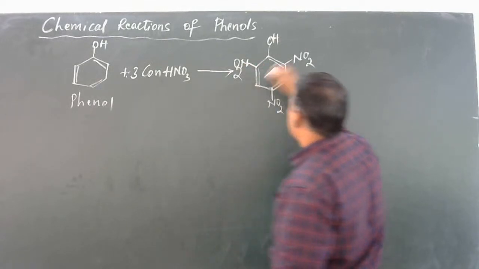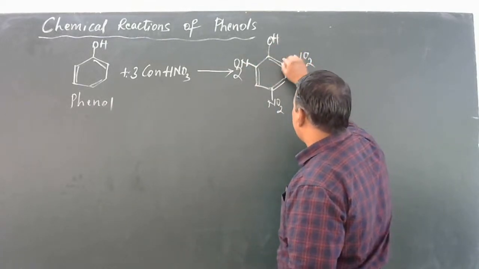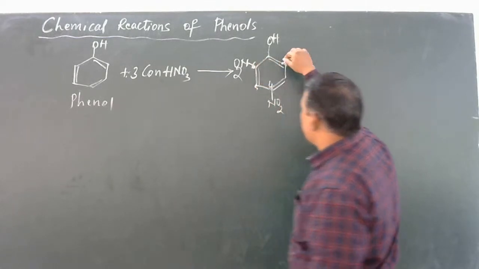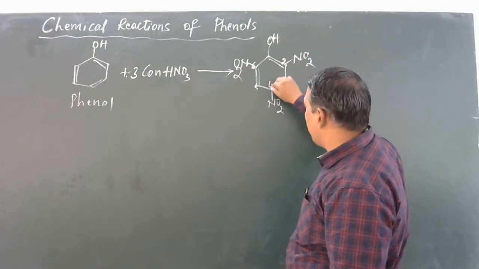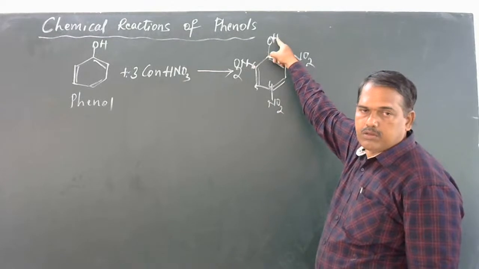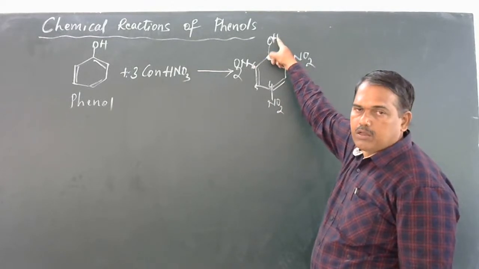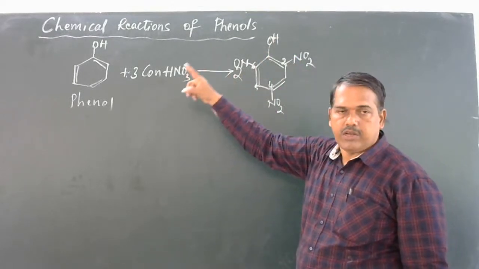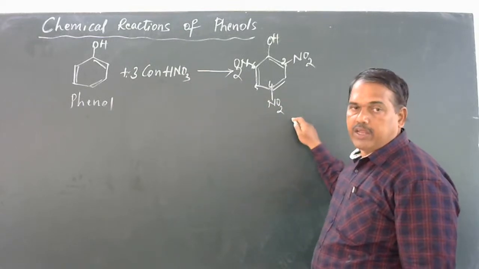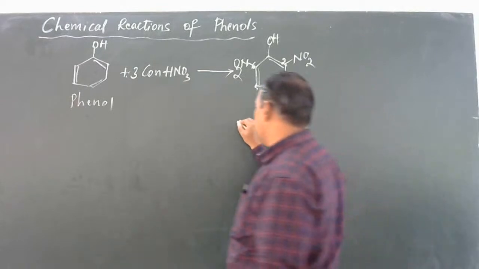So this is position 1, 2, 3, 4, 5, 6. Therefore it is 2,4,6-trinitrophenol. Are you clear? When phenol is treated with concentrated nitric acid, 2,4,6-trinitrophenol is obtained.